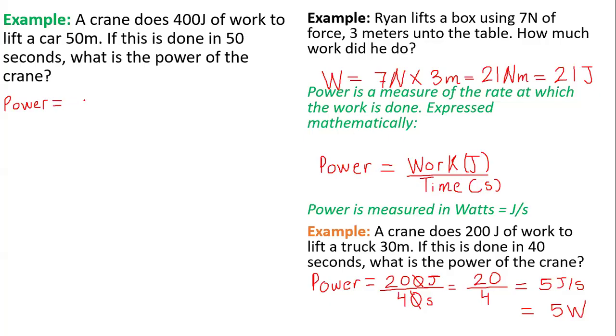Power is equal to work divided by time. What is the work in this case? 400 joules, very good. And what is the time? 50 seconds, very good.